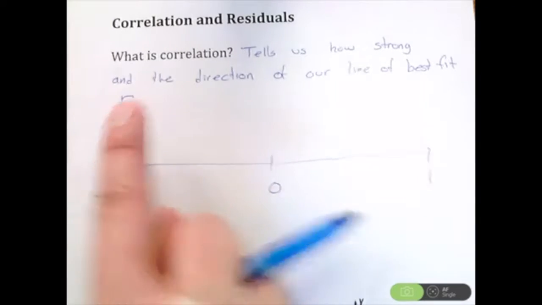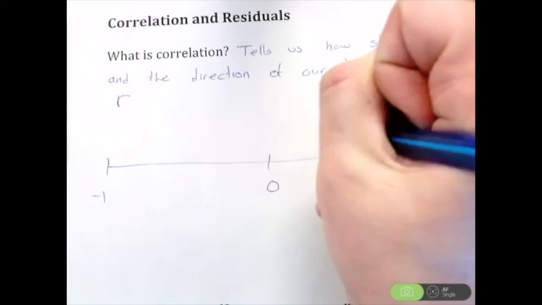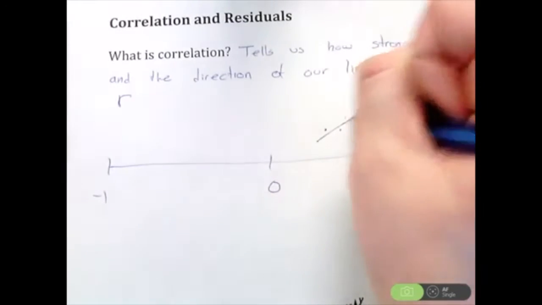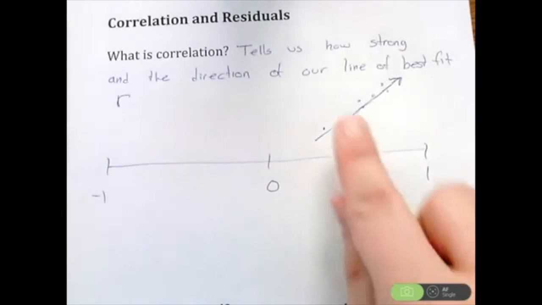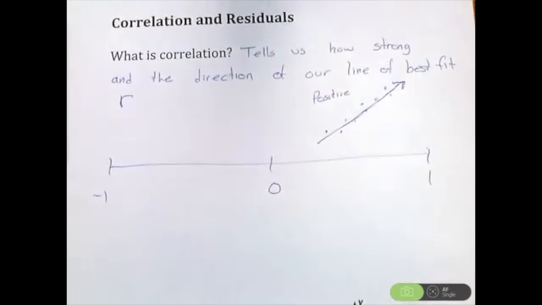If this number R is between 0 and 1, any of these positive numbers, then we have a scatter plot that is heading in a positive direction. So if the number is positive, our line is heading in a positive direction. It has a positive correlation.